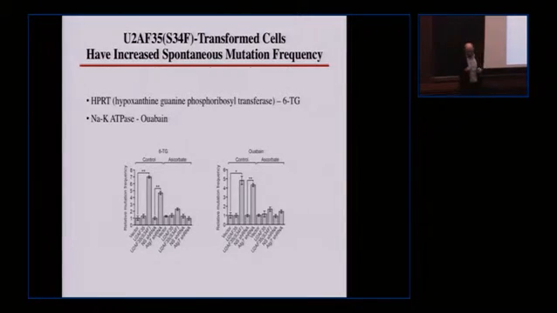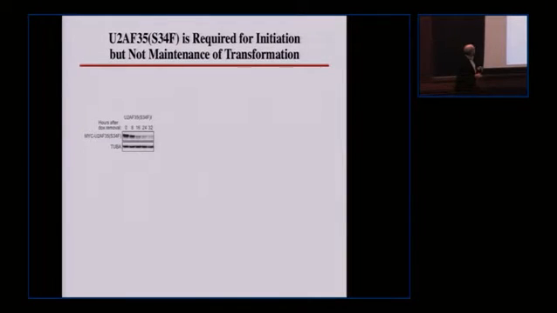So the final experiment I want to show you before I put these together into a model is we asked whether U2AF35S34F is required for both initiation and maintenance of the transformed phenotype. And we did that by transforming cells with the doxycycline-inducible U2AF35S34F. We transformed cells in the presence of doxycycline that allows expression of this protein, and after we obtained IL-3 independent cells, we removed doxycycline.